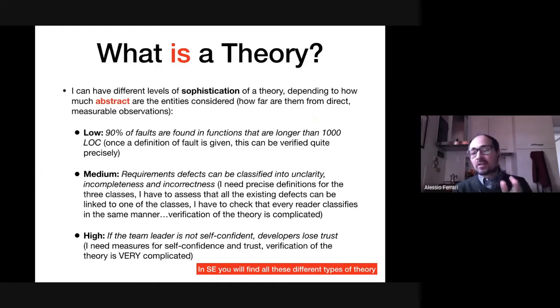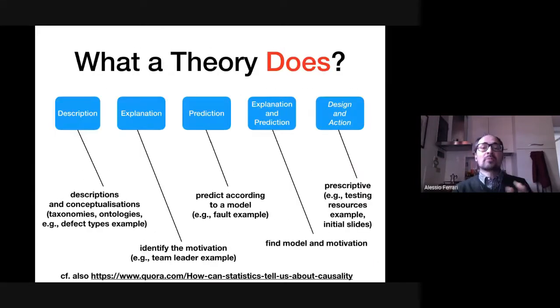If I find a function that is longer than 1,000 lines of code, I can predict that there will be some faults. Explanation and prediction: I find the model for predicting the faults, and I also find the motivation why functions that are longer than a certain amount of lines are more faulty.